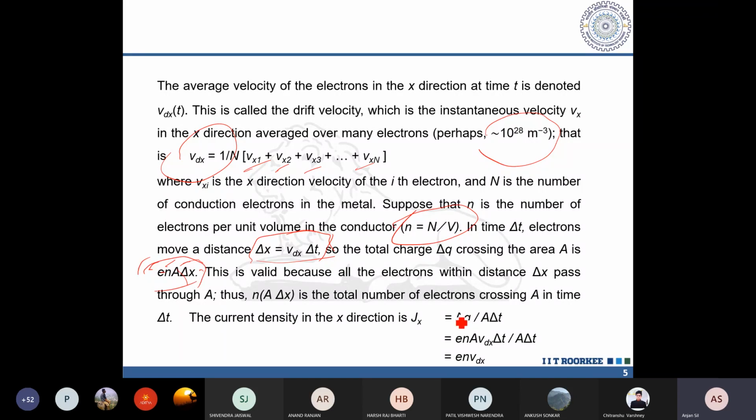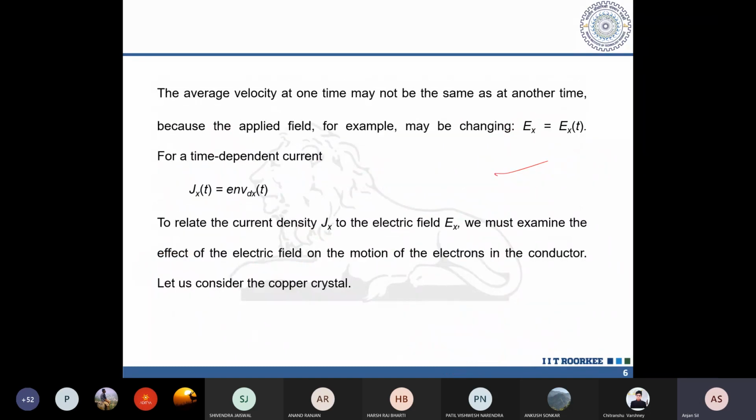That will be Q, you understand? If you take charge divided by area divided by time, you get the current density Jx, and finally Jx is equal to e n v dx. Yesterday also I told this, and I am repeating.